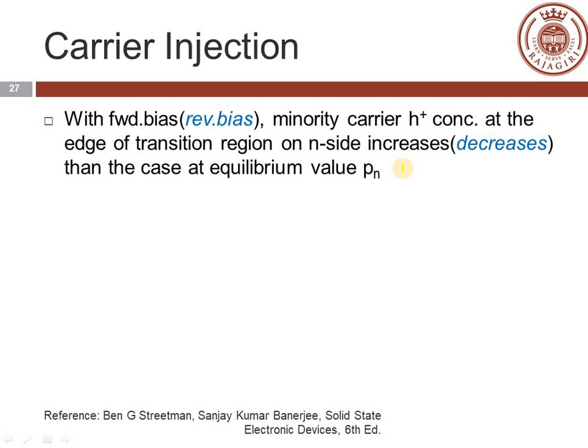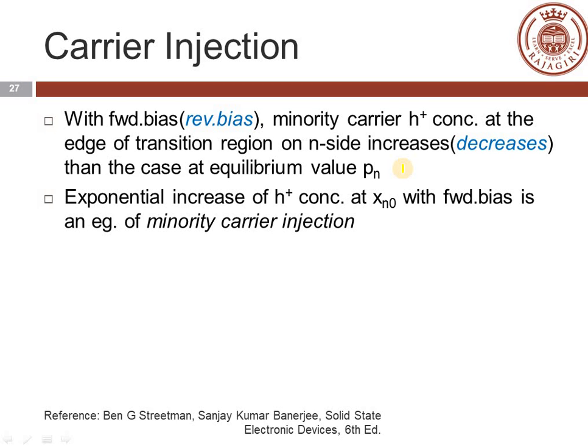With forward bias, the minority carrier hole concentration at the edge of the transition region on the n side increases over its equilibrium value Pn. Similarly, at reverse bias, the hole concentration at the edge of the transition region on the n side will decrease.